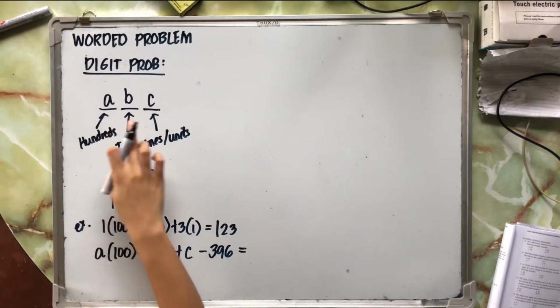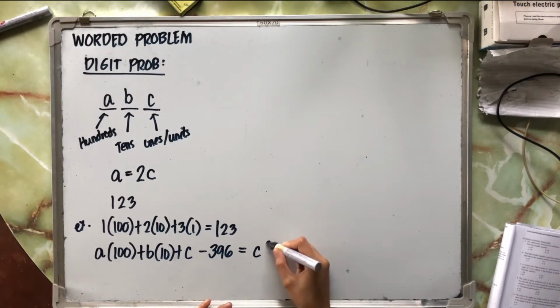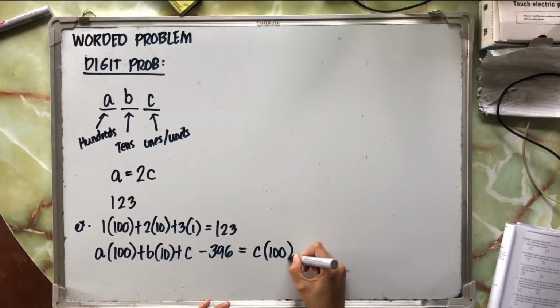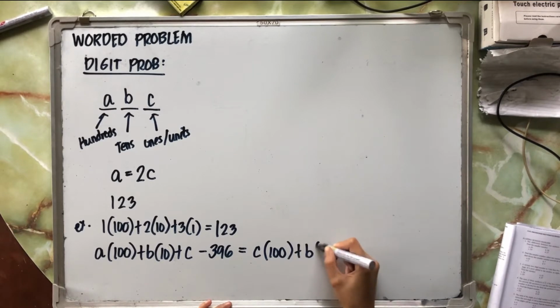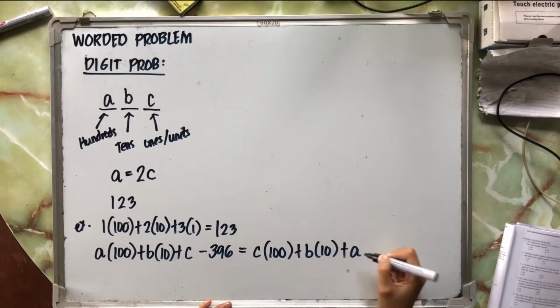So from ABC, magiging CBA ang magiging arrangement ng digits. So, does that mean na magiging C times 100 plus B times 10 plus A na ang magiging bagong number natin?